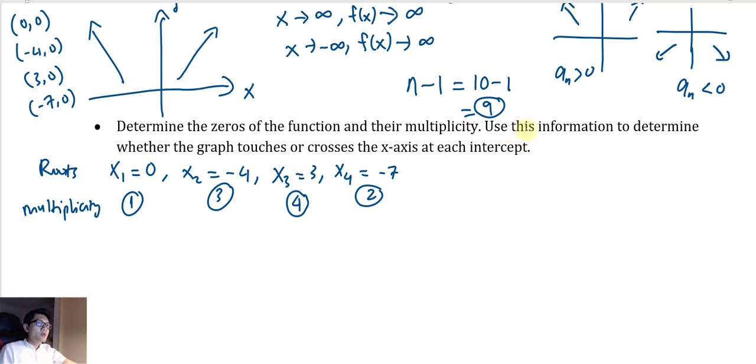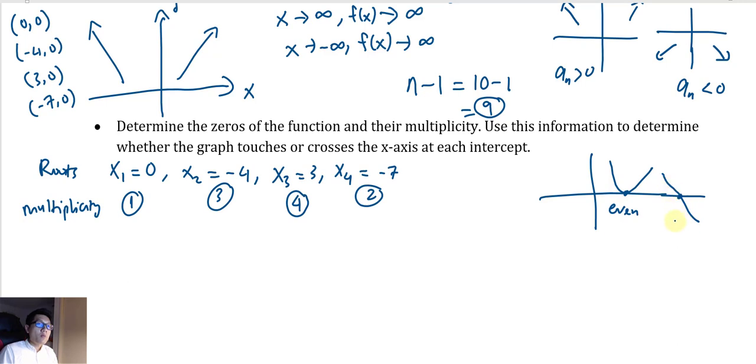Now, use this information to determine whether the graph touches or crosses the x-axis at each intercept. Touches means at this point the function is touching, and crossing means at this point it is going through the x-intercept. Okay, there's a rule here. If you have an even multiplicity, then you are touching the x-axis.